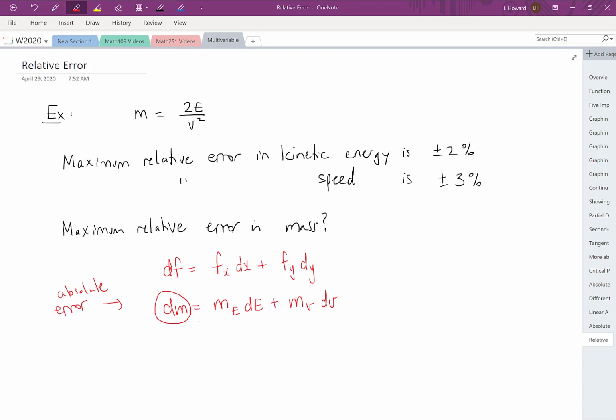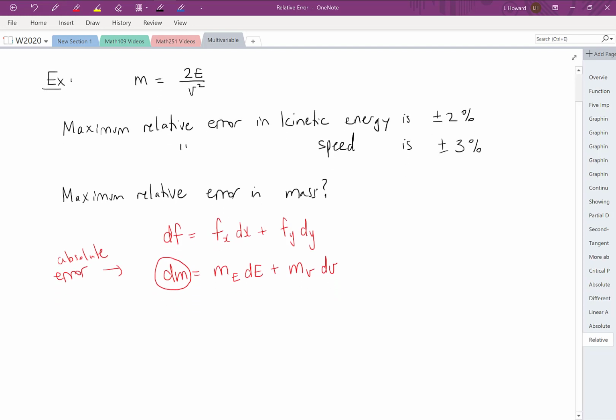So we're going to go ahead and calculate that, but we'll have to remember later on to divide by m in order to turn that into a relative error. So let's focus first on just calculating dm. We'll take the partial of m with respect to E. That's going to give us 2 over v squared times dE, plus the partial of m with respect to v.